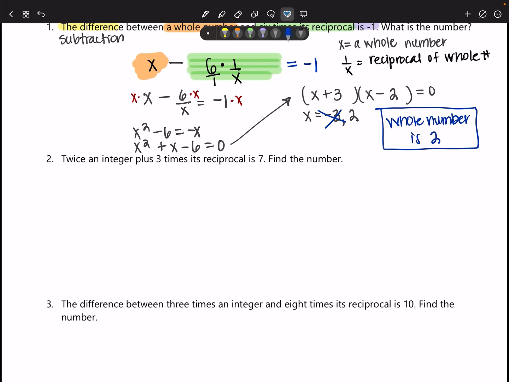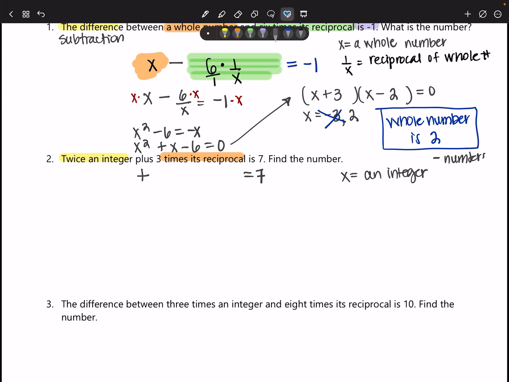Twice an integer plus 3 times its reciprocal is 7. So twice an integer plus 3 times its reciprocal is 7. That's equals 7. I'm going to call x an integer. Now integers are negative numbers.